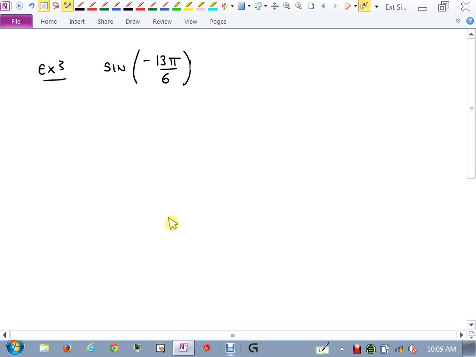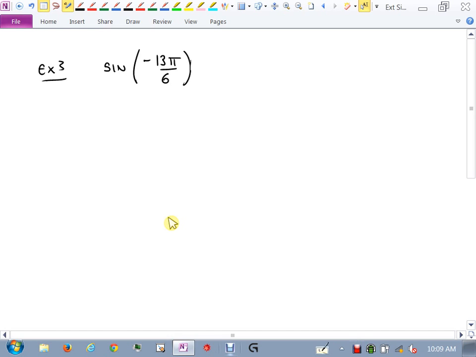You have a couple of options here. You could try to figure out a coterminal angle. Remember we said for every angle you can come up with a coterminal angle? We did that a class or so before. You just add or subtract full rotations. Do you all remember us doing that?